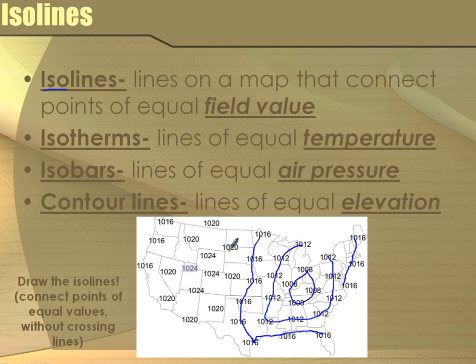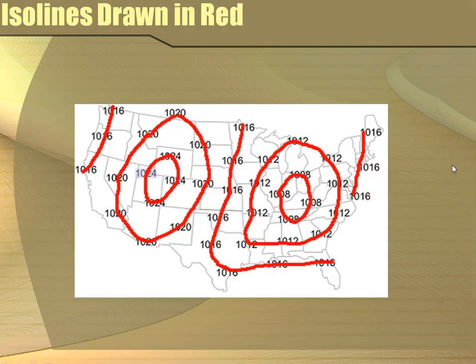Over here, we've got 1,020s. And we can connect these 24s and 16s. So now we've got something that's a lot easier to understand. We've got a pattern. Here's our pattern.